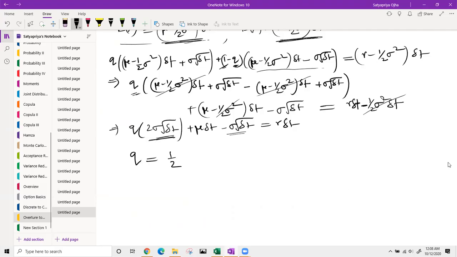So it will become half. And then what is left over is mu minus r delta t divided by sigma square root of delta t. I think that 2 would be here, correct? Yeah, is this correct?